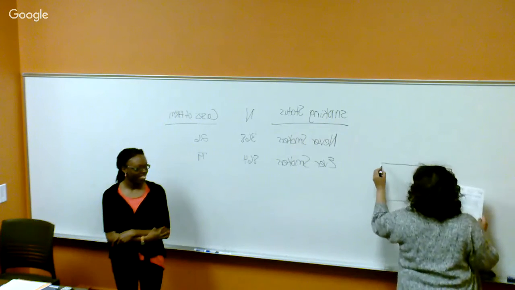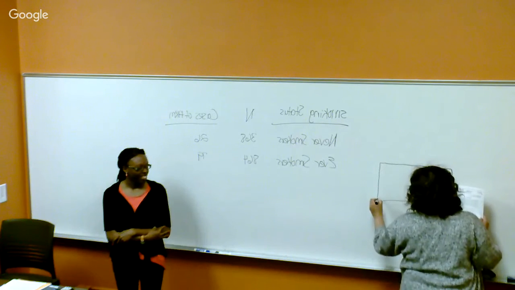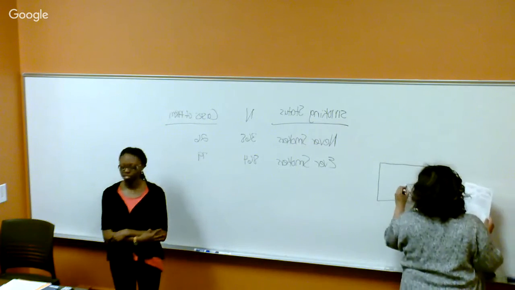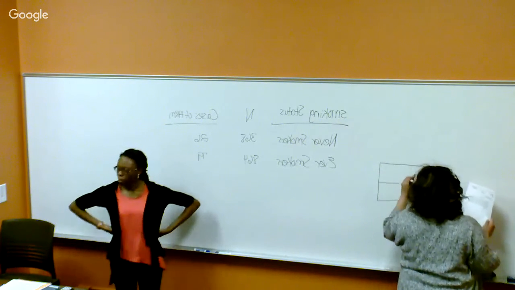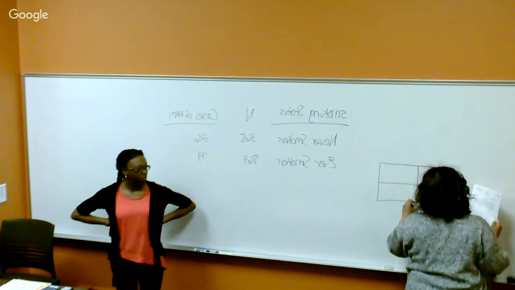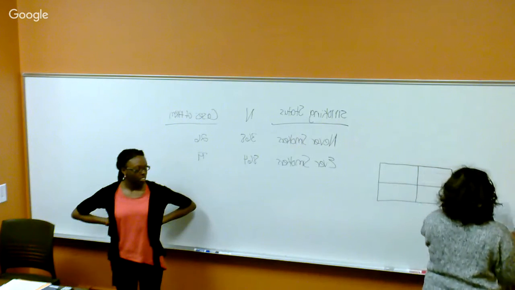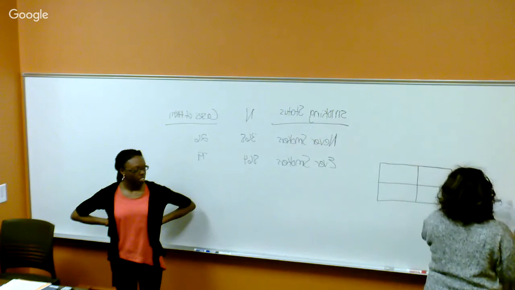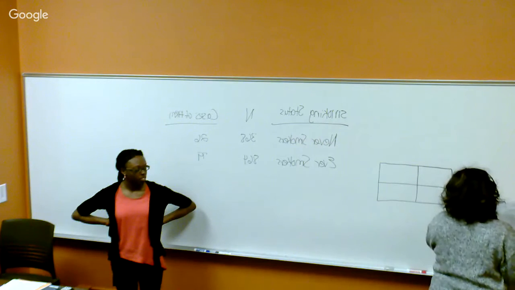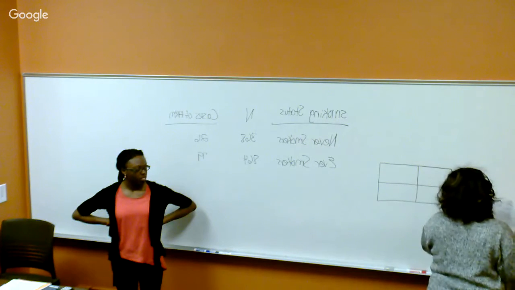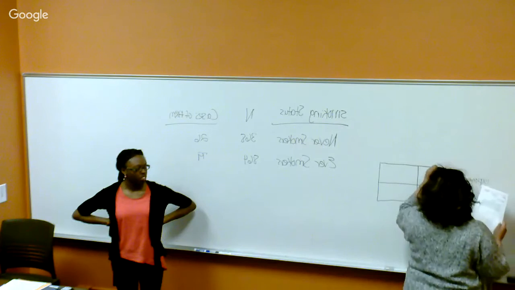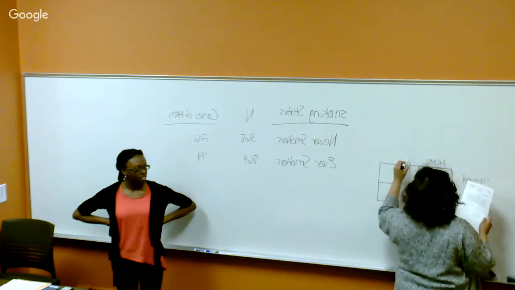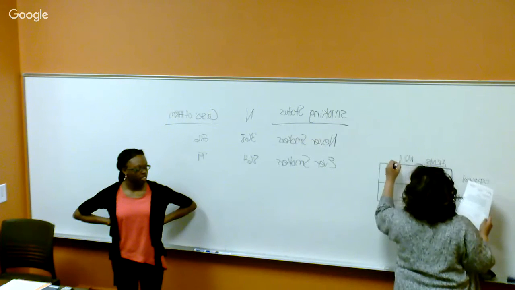So again, separating it by those who are exposed and unexposed, and those who have the disease and those who don't. Exposed on top, unexposed on the side, and then on top, ARM, disease, and then no disease.